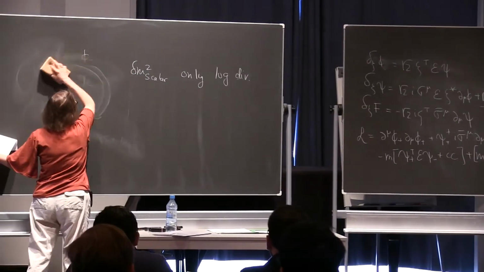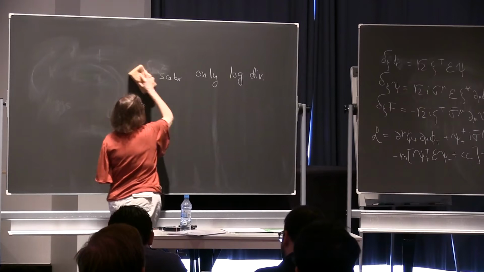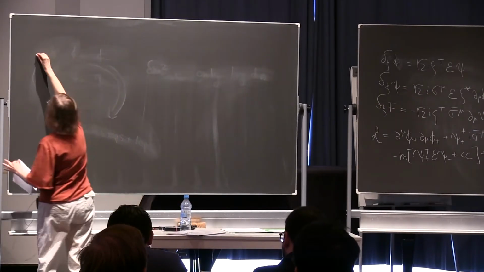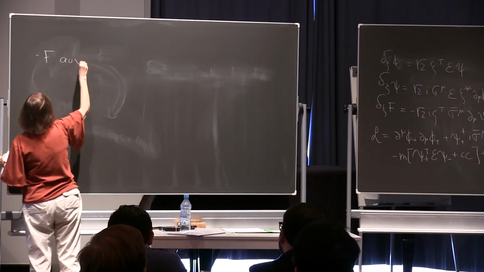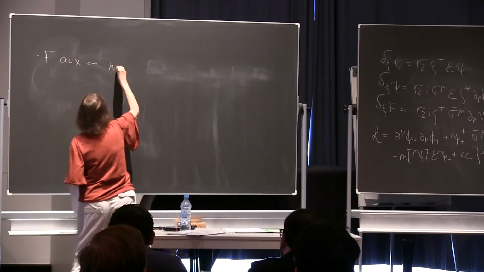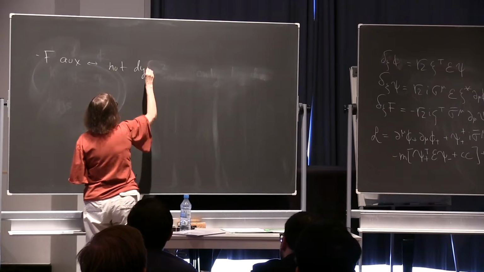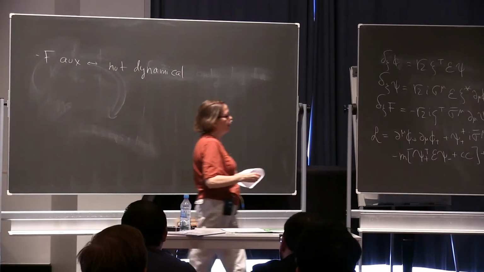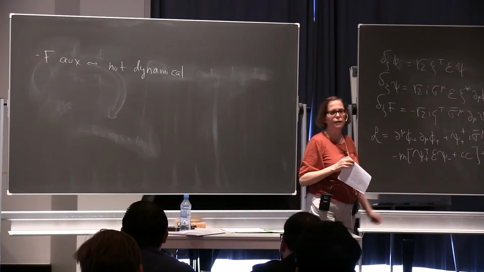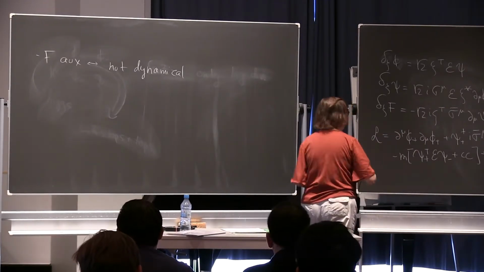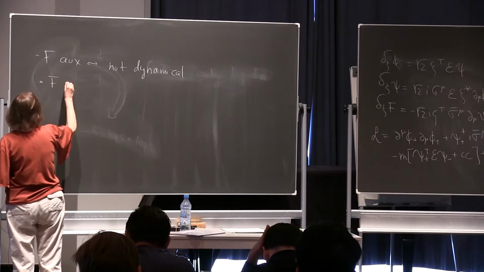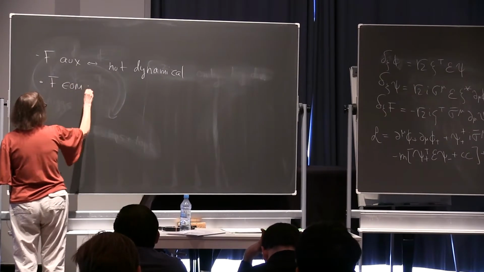The second thing that you want to notice is that indeed this F is just an auxiliary field. What does that mean? It means it's not dynamical. F is auxiliary, it's not dynamical, and we didn't write any kinetic term for F. You see there's no kinetic term for F here. So we can solve the F equation of motion very simply.